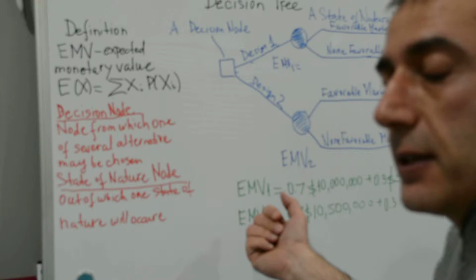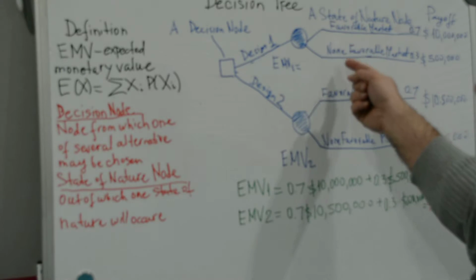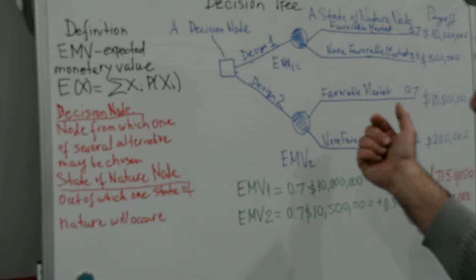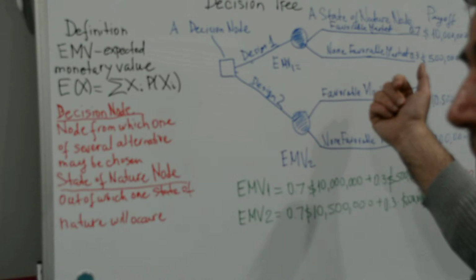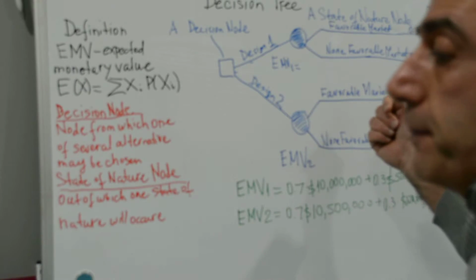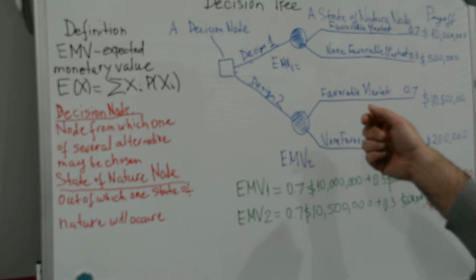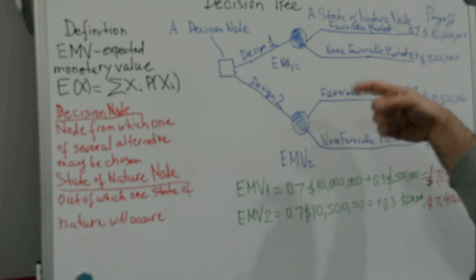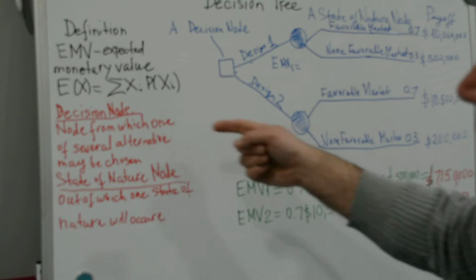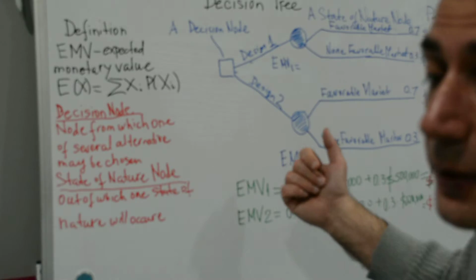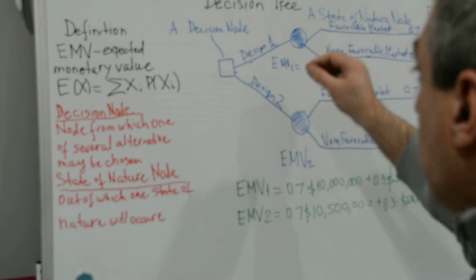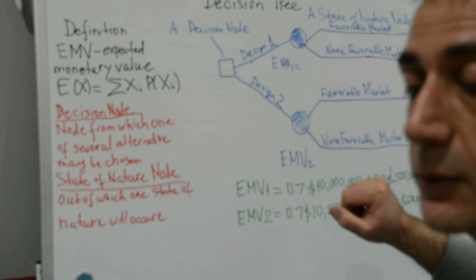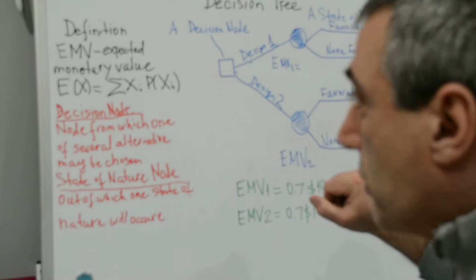In this case we have two alternatives, so there are two possibilities for that random variable to happen, for example either favorable market or non-favorable market. So basically it's a long-term expected value of that particular decision tree. Okay, once we consider the example, it will be much clearer.